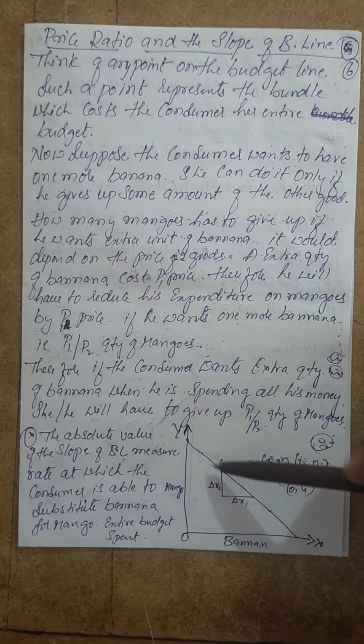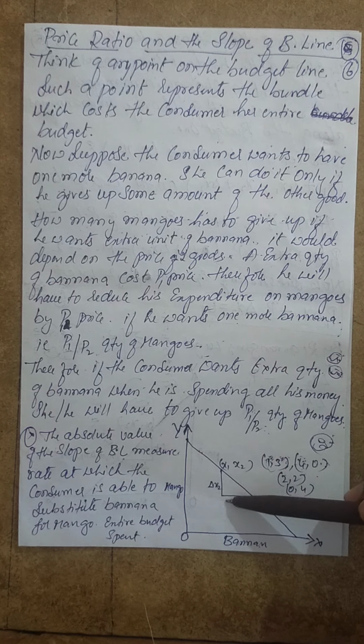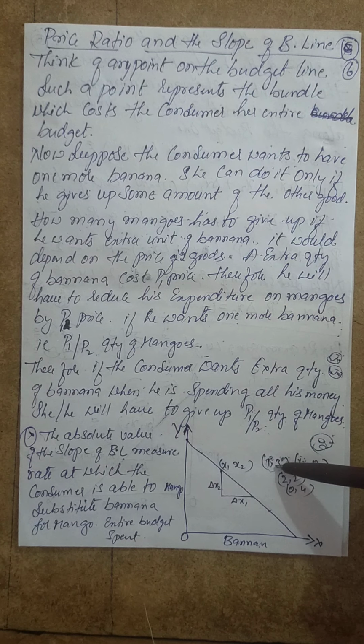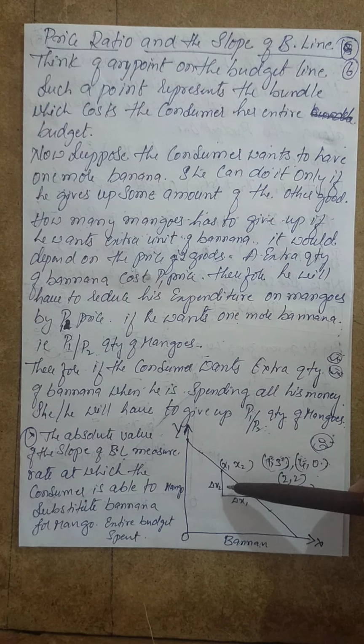See, here it is measured the rate at which the consumer is going to substitute. At what rate is he substituting? 5 rupees, 5 rupees. Okay, so extra 5 rupees consumption is given here. Because of that extra 5 rupees, this good is being sacrificed by 1 unit. Okay, so this is the slope of the budget line, the price ratio of the slope of the budget line.